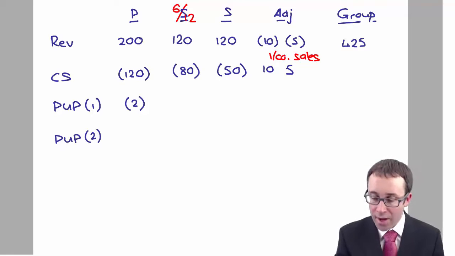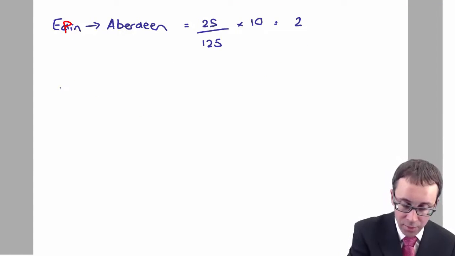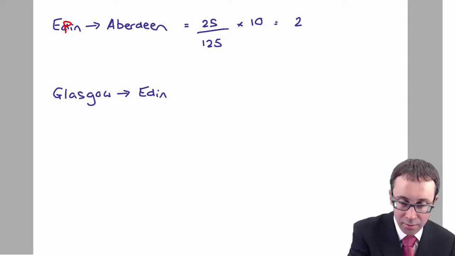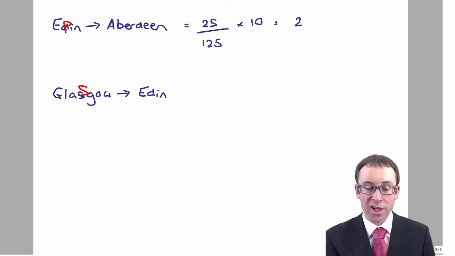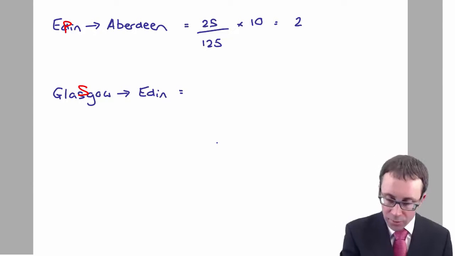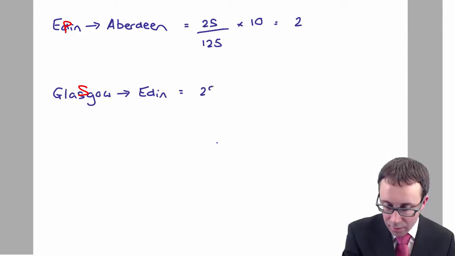The second PUP adjustment that you had, I think, was when Glasgow sold some goods to Edinburgh, and Glasgow is the subsidiary, isn't it? So we'll adjust Glasgow's column. The amount of goods that were sold, I think, was 5 million.